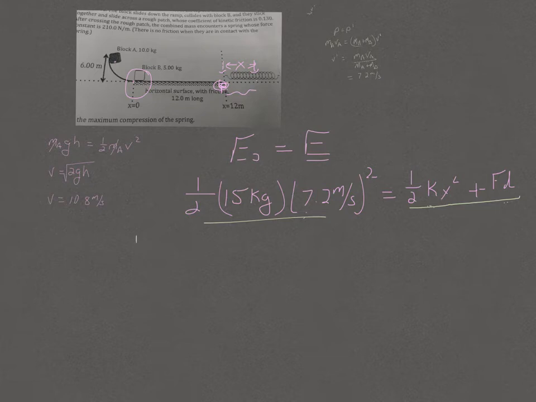So we have a lot of numbers we have to write down. So I'm going to switch back to variables, shorten it all up. So that's 1/2 the combined mass times that velocity afterwards squared.